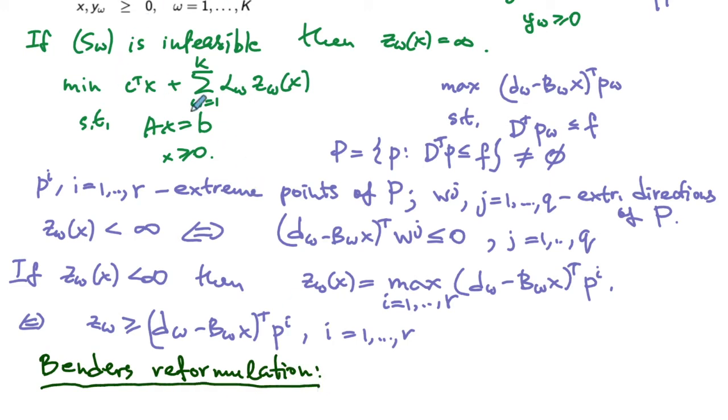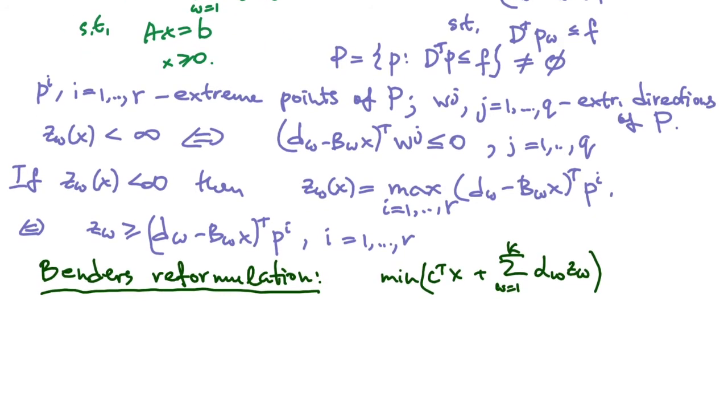We want to minimize c transposed x plus the summation of alpha_omega z_omega. Now z_omega is this variable that we introduce here, and since it is in the minimization objective together with positive multipliers alpha_omega, we ensure that we look for the minimum z_omega that will satisfy each of these constraints. Therefore, we will indeed find the z_omega of x, right? So here omega is between 1 and k.